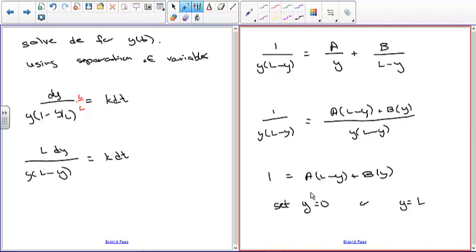And if I let y equal L, that term goes to 0, and therefore I can solve for b easily. But theoretically, you can pick any value for y. You'd end up with two equations and two unknowns. The two unknowns are a and b, but you can make it easier by judiciously choosing y.